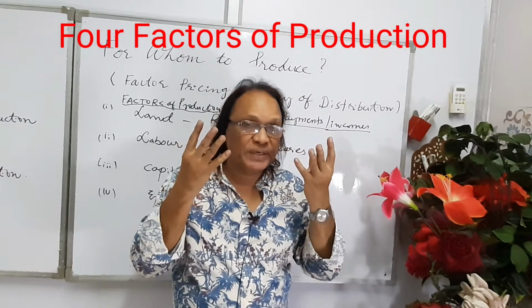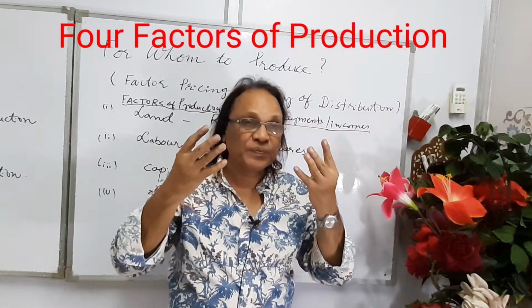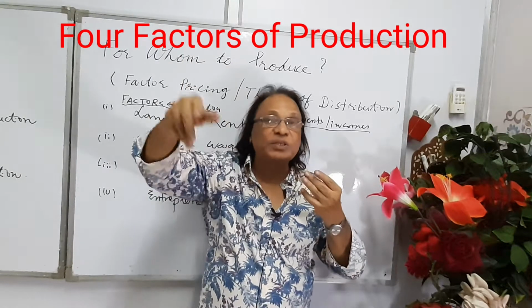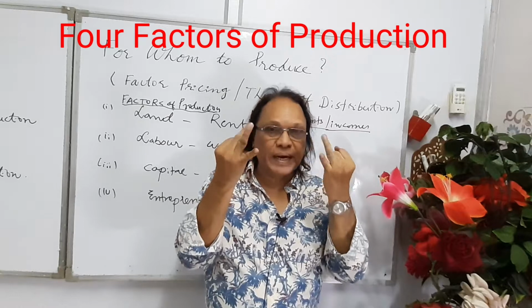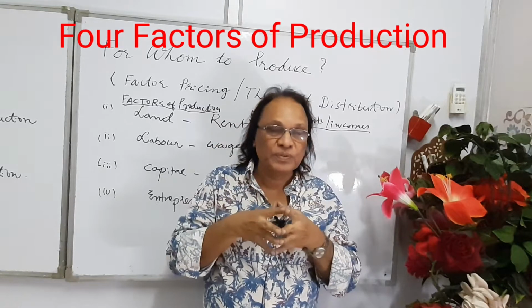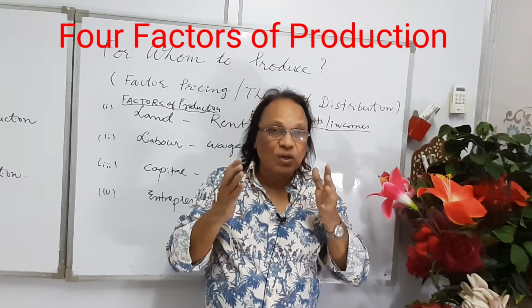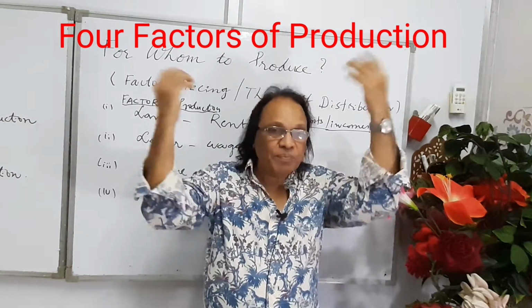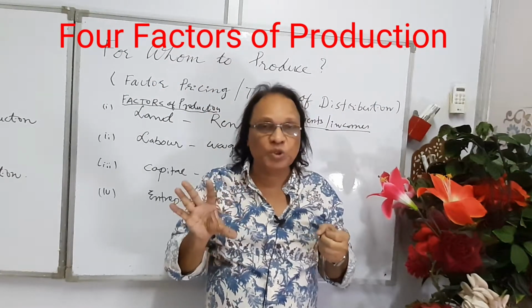They are very important. Follow this carefully because they will help you in higher education. Without these four factors, you just can't produce anything. We can sum up all the resources of the economy into these four factors. Keep that in mind.